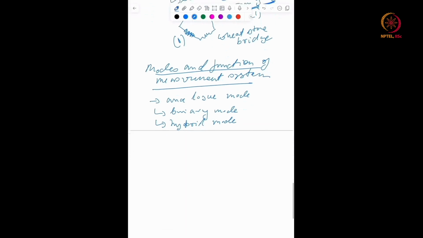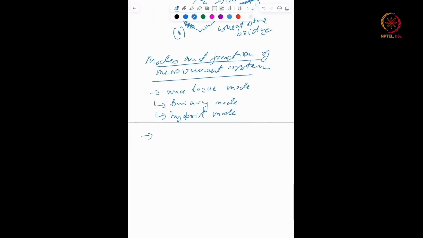If you look at a sensor, the measurement system rather, the first part is the sensing. The sensing is the step in which the measured property excites a sensor. All right.